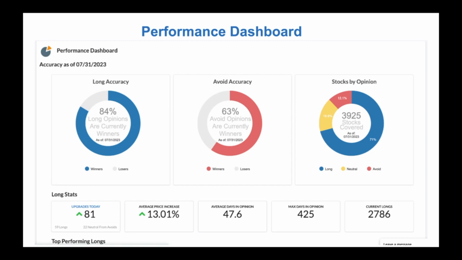So as of last night, as of 7:31, our opinions that are long are up in price, 84% accuracy. The ones that are avoid, meaning you want to short them or sell them, are down in price, 63% accuracy.